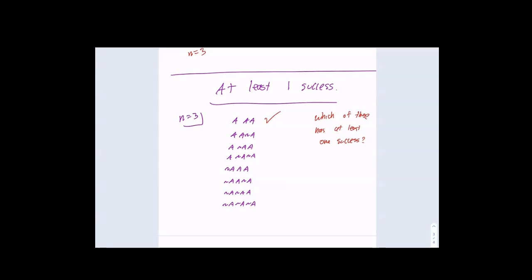Let's look at the second one. A, not A. Is there at least one success? Yes. The next one, A, not A. Does that have at least one success? Yep. The next one, at least one success?